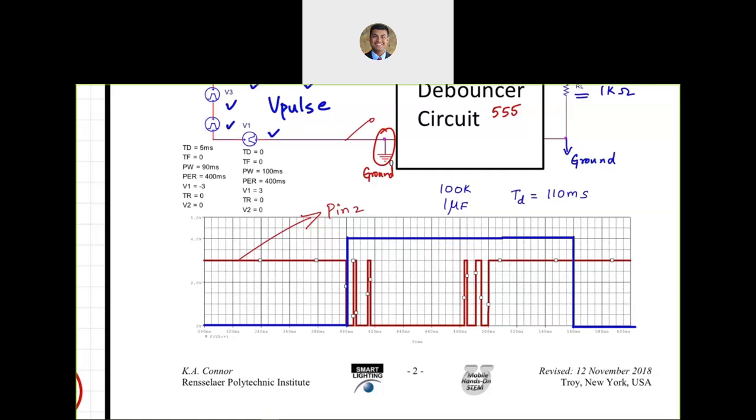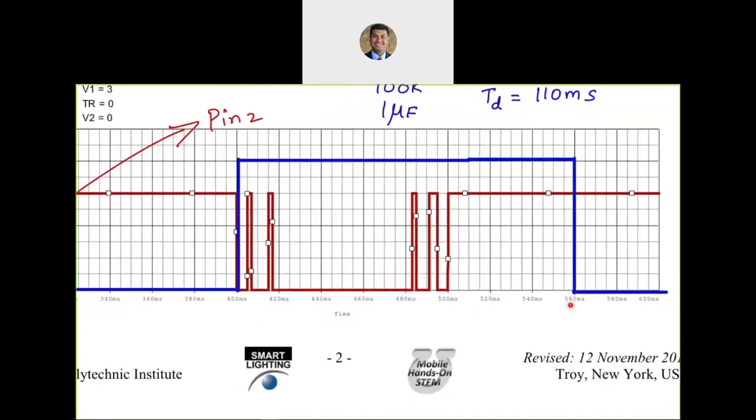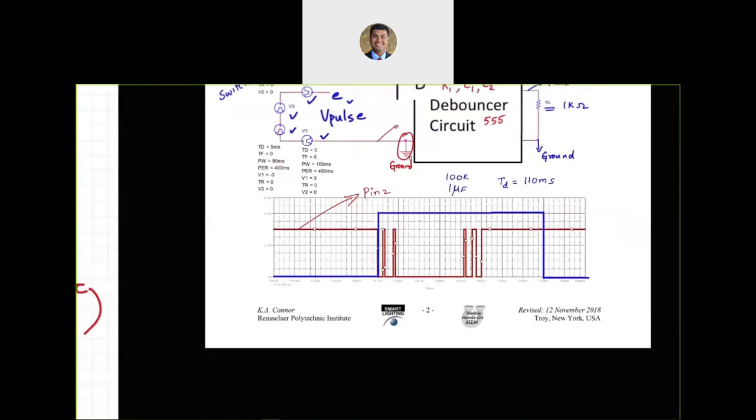The problem is that during this time window, 400 to 560, so that's a 160 millisecond time window, another press on that button will be ignored. So I will not get another pulse during that time because the capacitor is going to continue charging over that period of time. So every press will be that long, right?